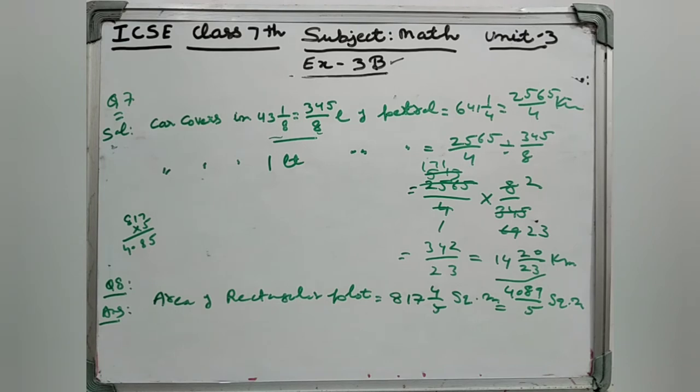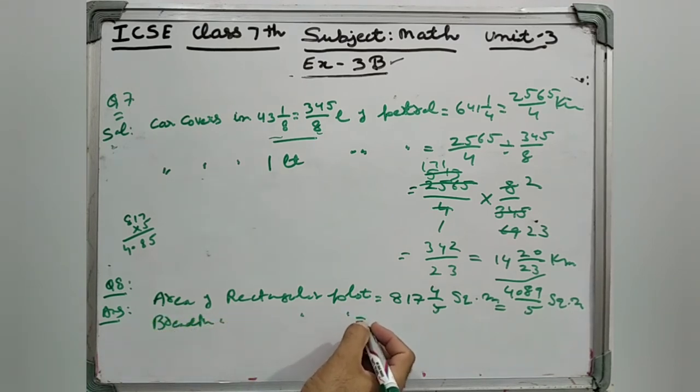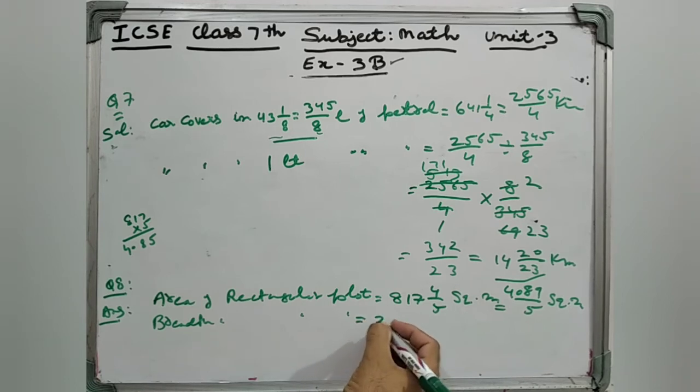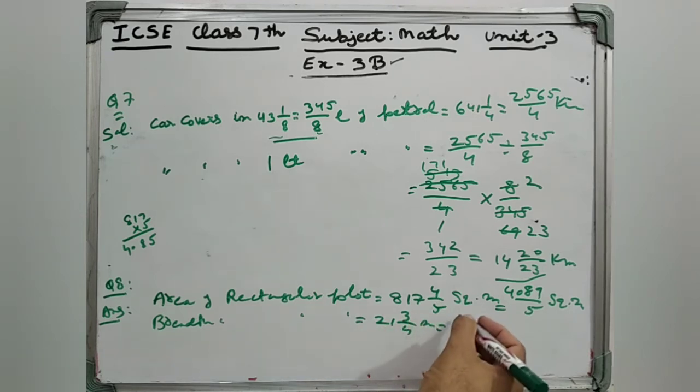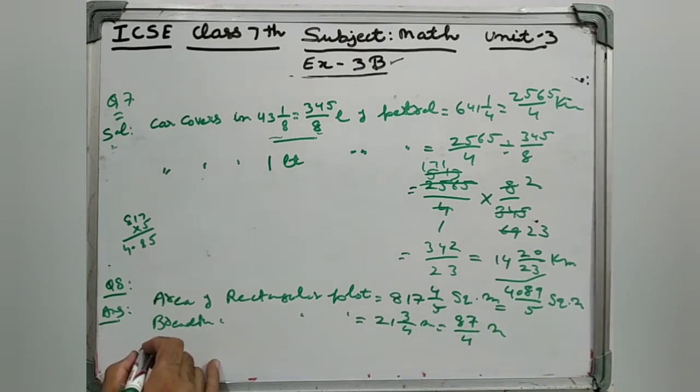Its breadth of the rectangular plot is 21 3 by 4 meter. 21 4s are 84, plus 3 is 87. So the area is, therefore, length into breadth.